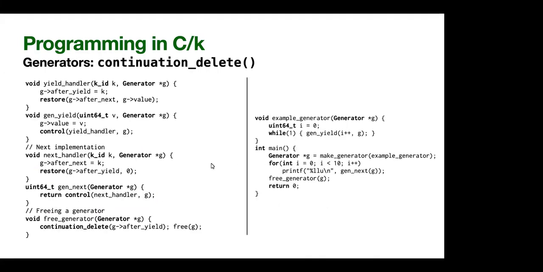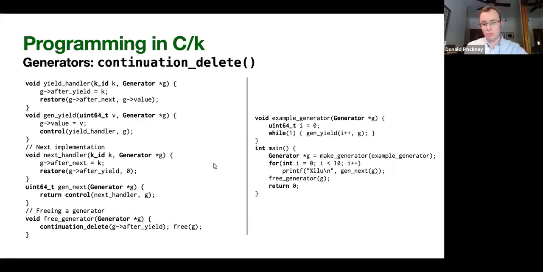Right. So the second example is a generator example. Let's start with the code on the right, which is the client code. In the main function, we call this make generator function, which I'm not showing the source code for right now. And you pass this function pointer to this example generator function.